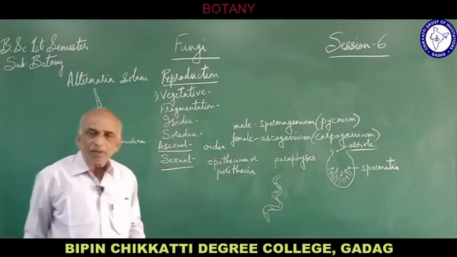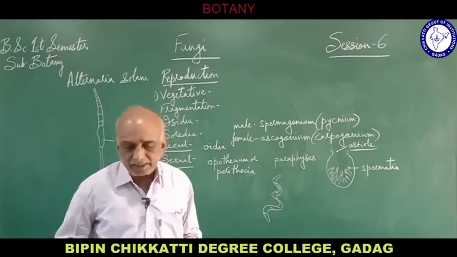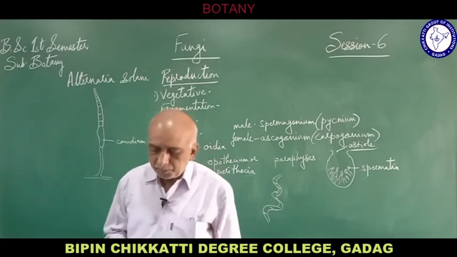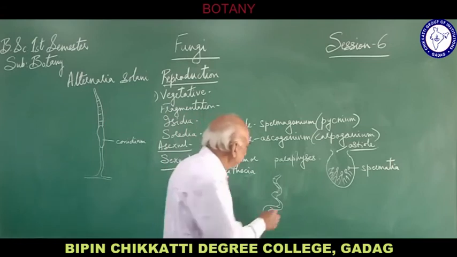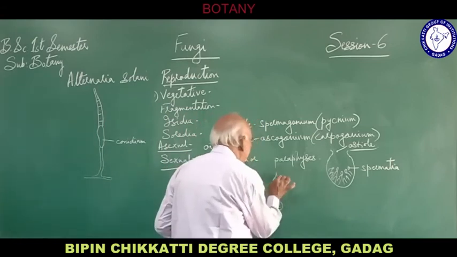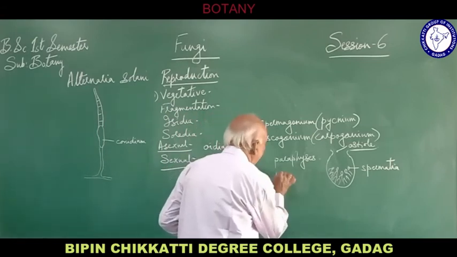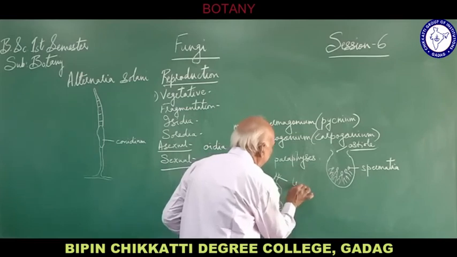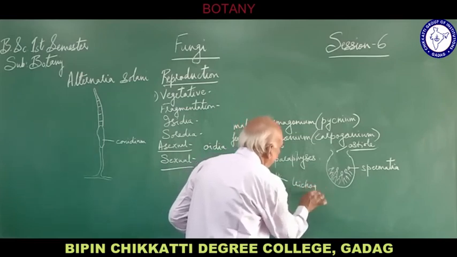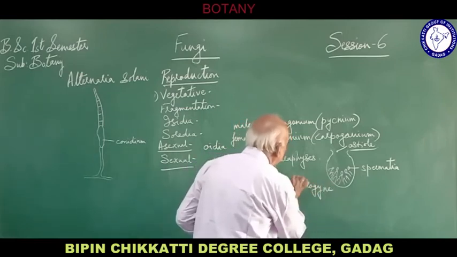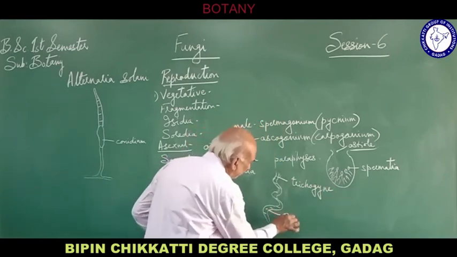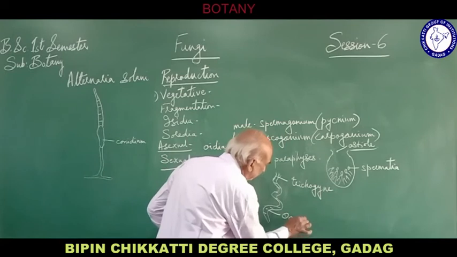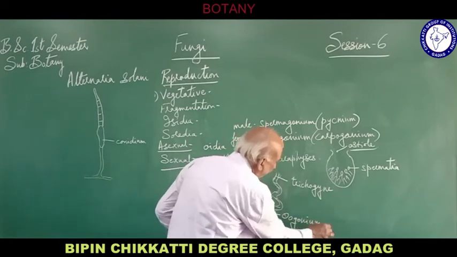The lower part of the coiled structure is the carpogonium or ascogonium. The straight part of the ascogonium is called the trichogyne, where it receives the spermatia. The lower part of the ascogonium is called the oogonium.